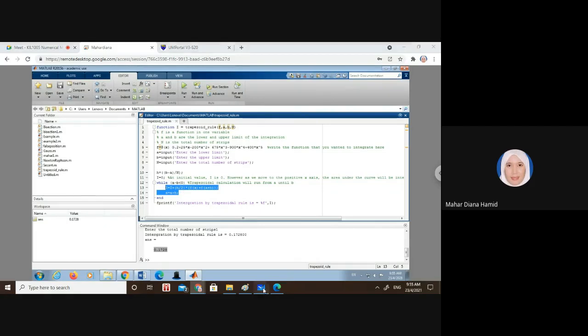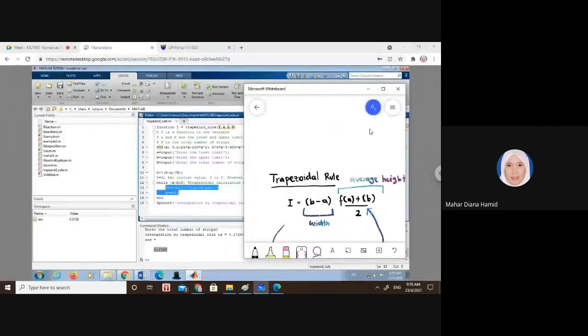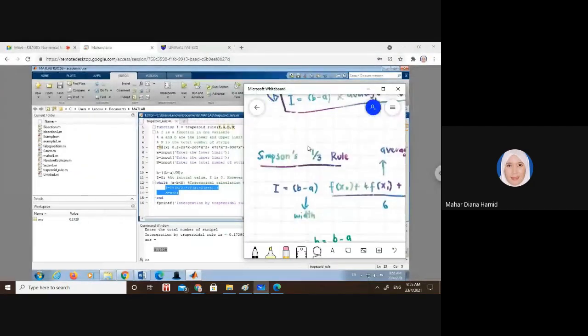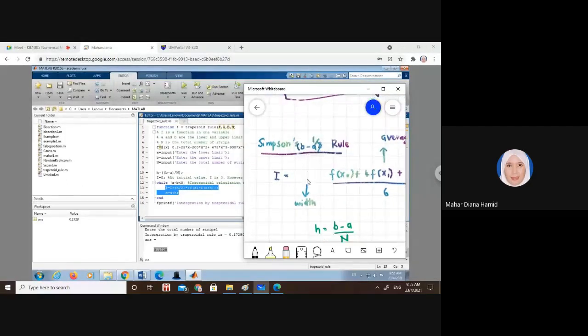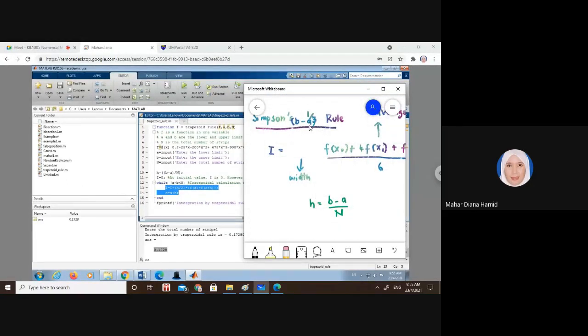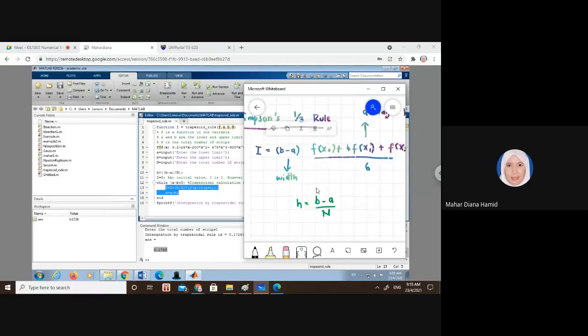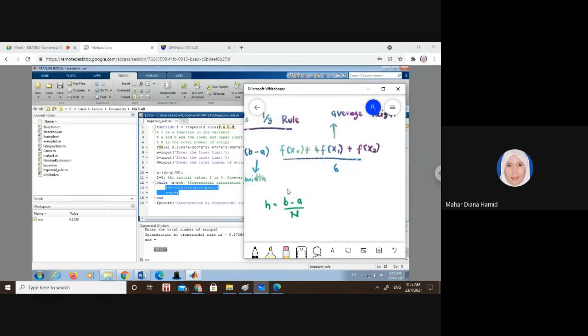If you remember, it's already there in the tutorial, but you still need to understand. If you refer back to the tutorial, you will see that for one-third Simpson's rule, for line number 13, we have I equals I plus H over 6.